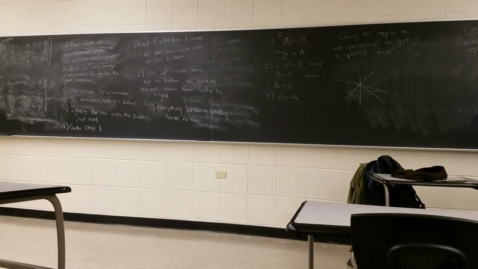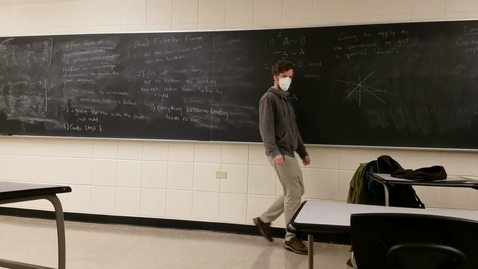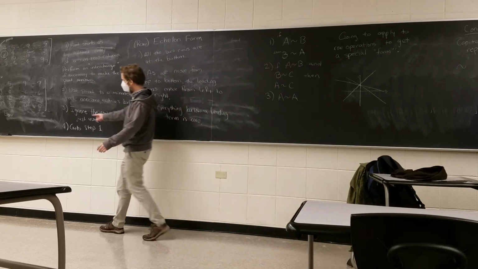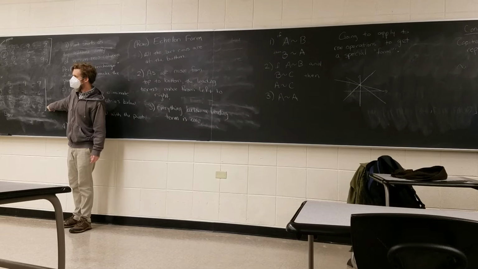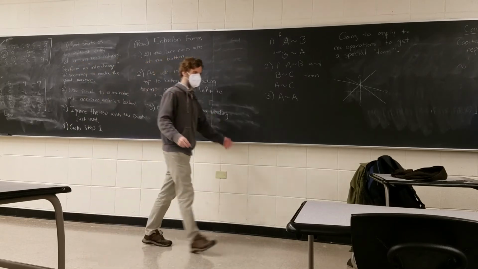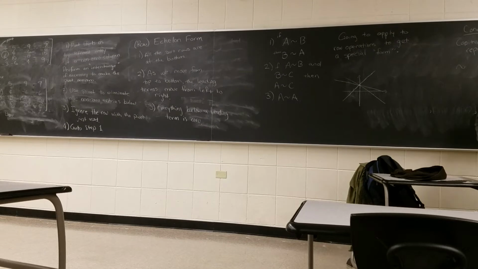And again, we have that. Zeros, zeros. Everything below a leading term is zero. In this case, there's no leading term, so everything below it is nothing. All of those nothing are zero. What we call vacuously true.